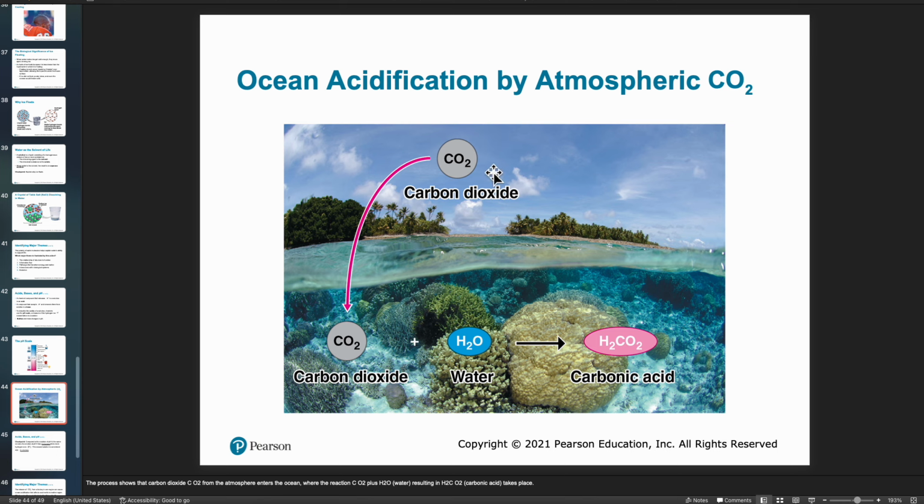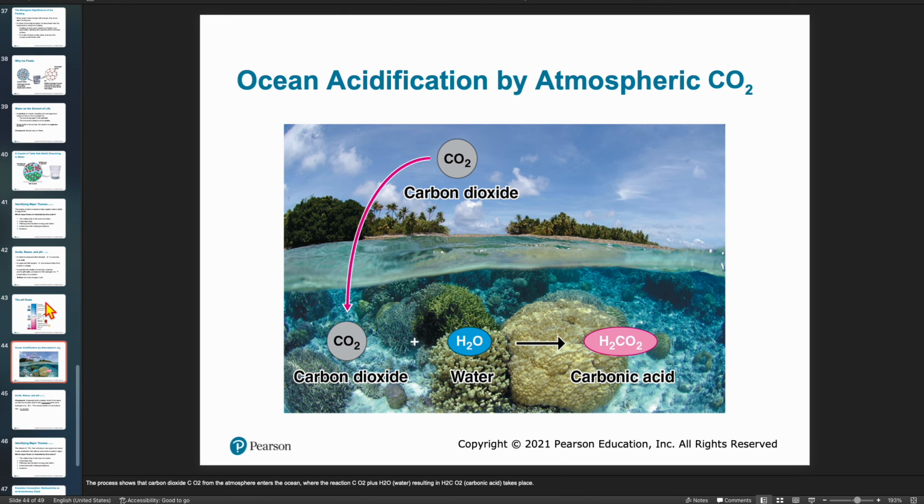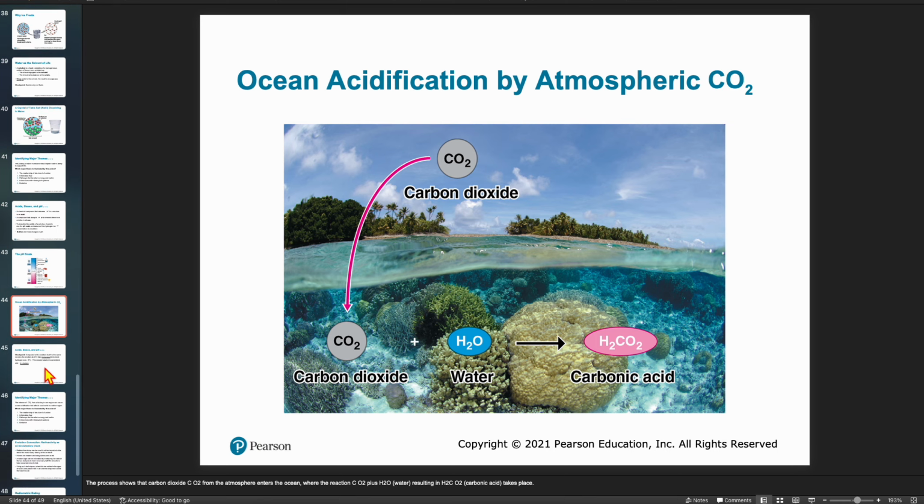If we have the oceans doing the work of taking all that carbon dioxide out of the air and converting it to carbonic acid, it's going to make the ocean water more acidic and start to kill off some of the coral reefs that you see. So yes, the ocean does it, but it can only do so much. You don't want to make the oceans too acidic either. So that's why it's best not to even produce too much CO2.